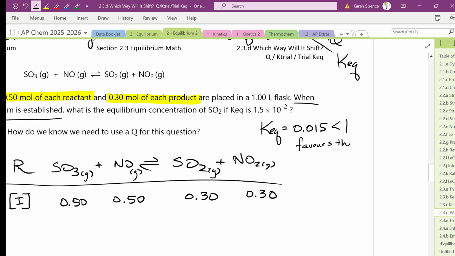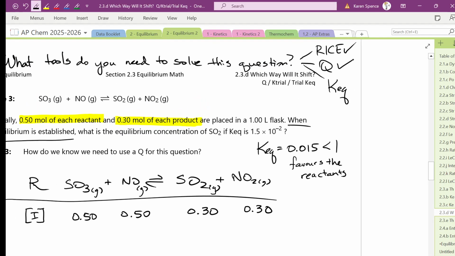It favors the reactants quite significantly, yes? So in our RICE table, we can say, oh, the reactants are favored, but are they favored enough? Are they favored too much? How can you tell? What would you need to use? You would need to use your Q.